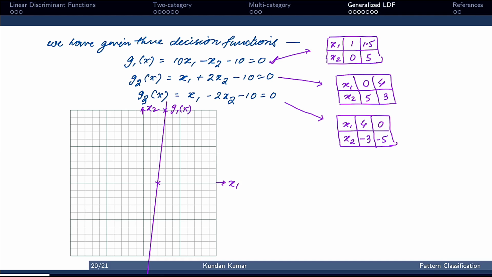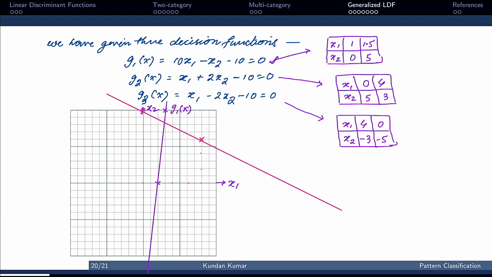Now draw the straight line g2(x). Here x1 is 0 and x2 equal to 5. So here we have one point, and the other point is x1 equal to 4.